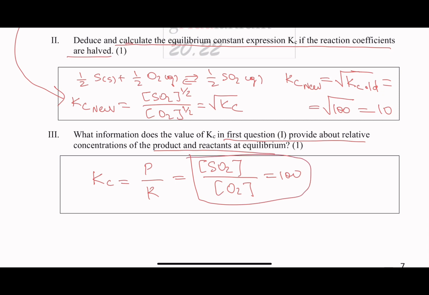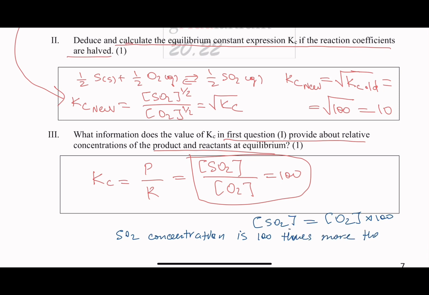If you use just this expression, we could say that SO2 equals O2 multiplied by 100, meaning that SO2 concentration is 100 times more than O2 concentration.